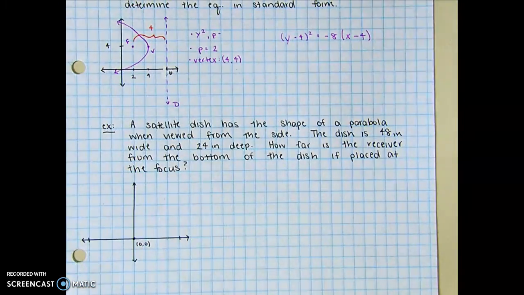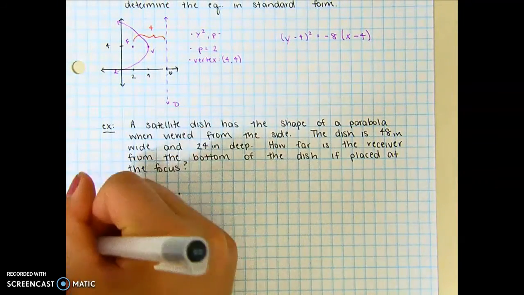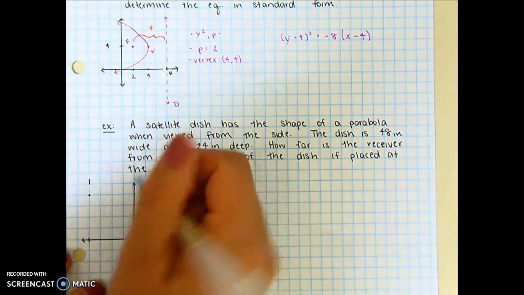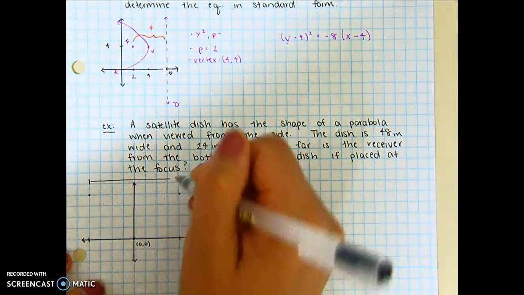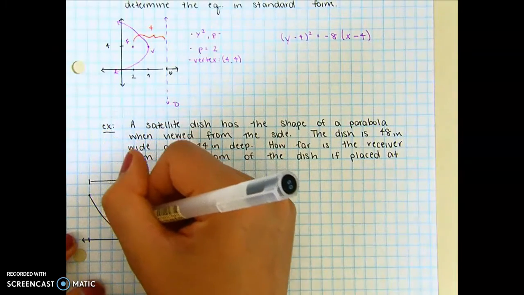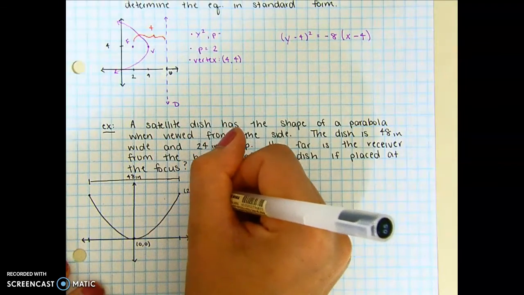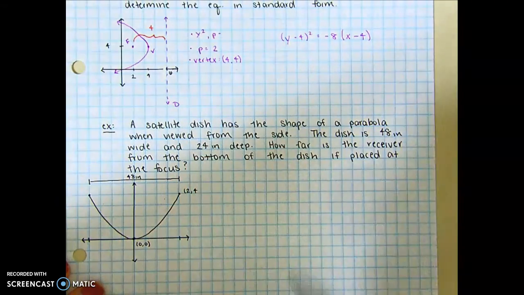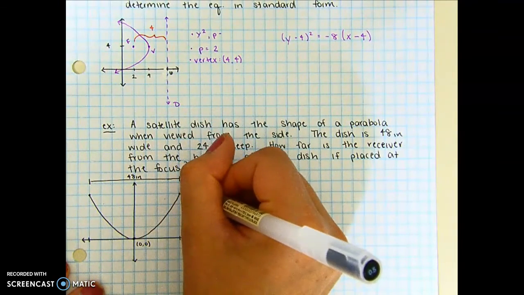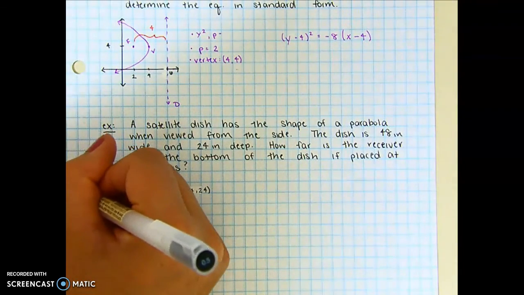Okay. We know it's 48 inches wide. Right, so if we are looking at the parabola, it's 48 inches wide, which means that these are going to be 24, and then I'm going to pick a point where it's nice: (24, 24) and (negative 24, 24).